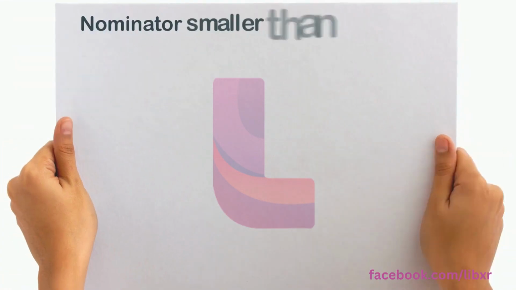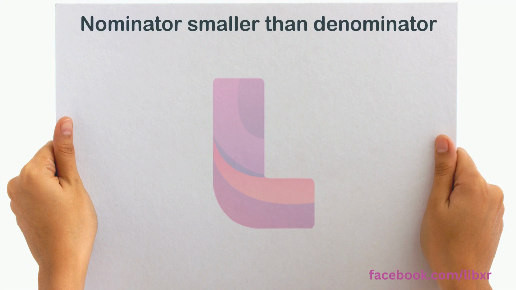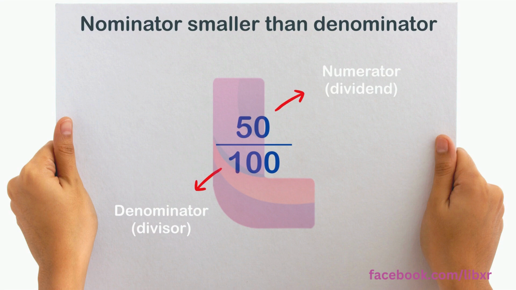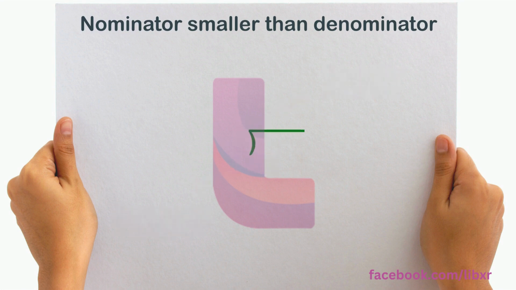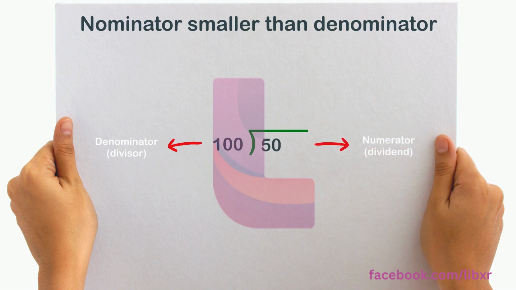Numerator smaller than denominator. Let's see how to do the conversion when the numerator is smaller than the denominator. In case the numerator is smaller than the denominator, we count the number of digits in the denominator and then put some zeros before the digits of the numerator on the left to make an equal number of digits in both numerator and denominator.